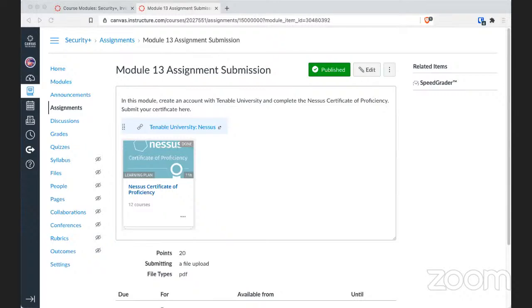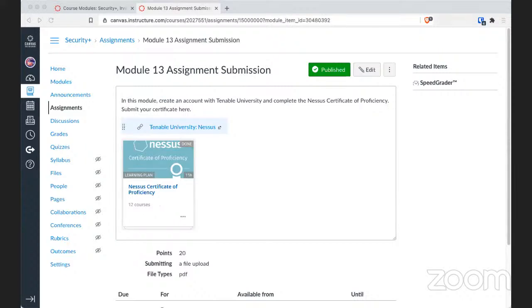It does a great job of working with HIPAA compliance, for example, if you needed it, or PCI compliance. It's quite a versatile tool, and it is available for you to dive in and learn. So again, the only thing you need to do this week besides the quiz is go through Tenable University, specifically the Certificate of Proficiency.